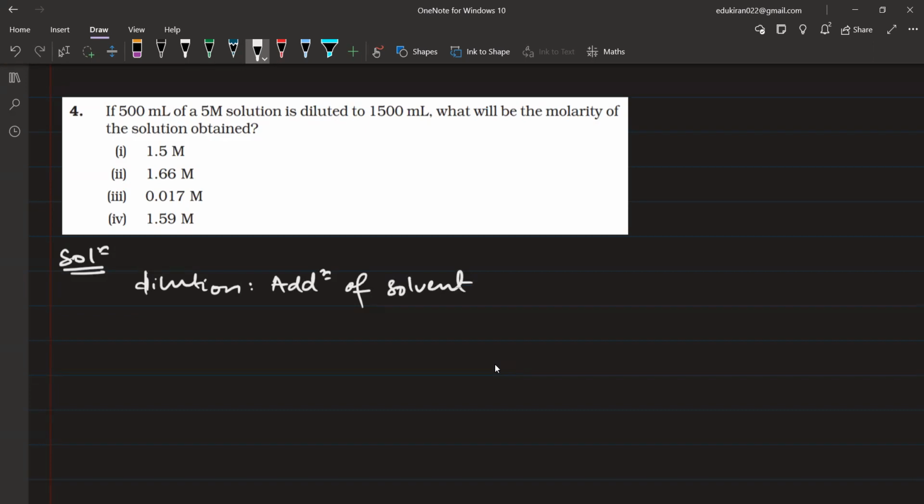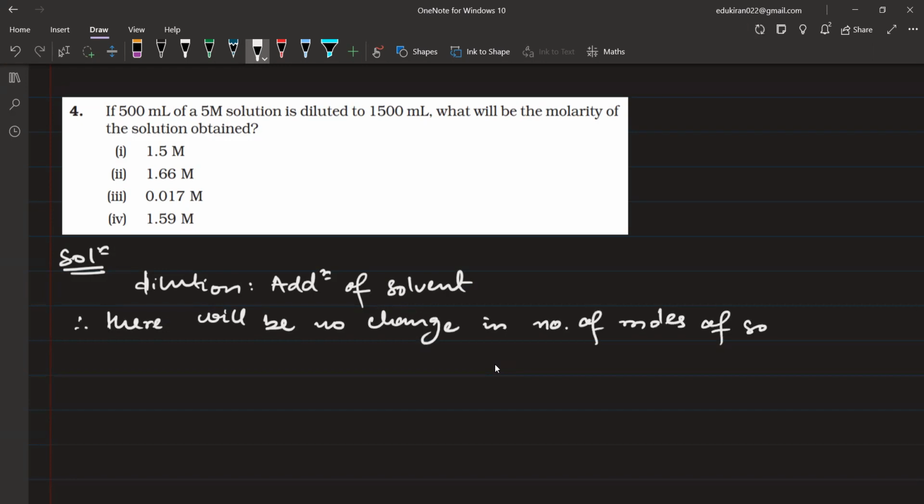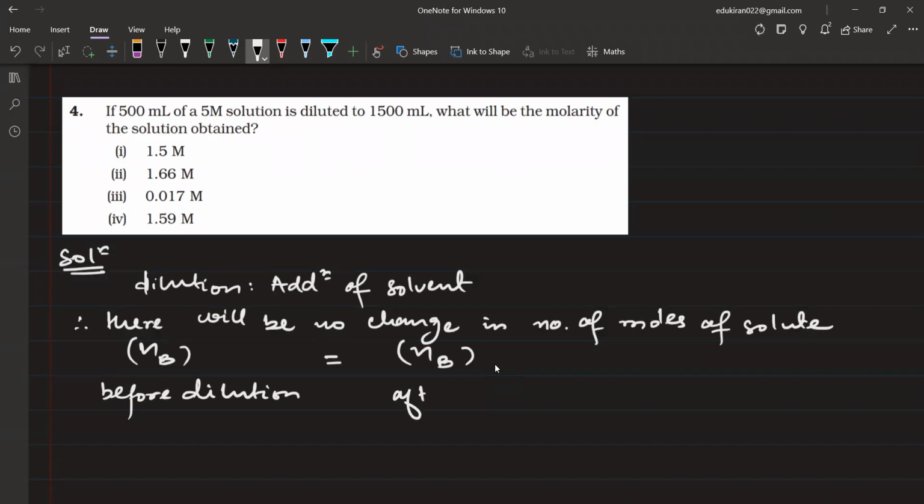Since we are only adding solvent, there will be no change in number of moles of solute. Therefore, number of moles of solute before dilution will be equal to the number of moles of solute after dilution.